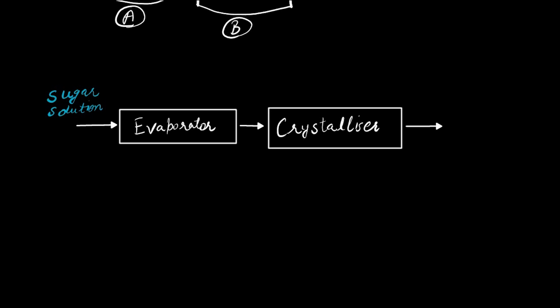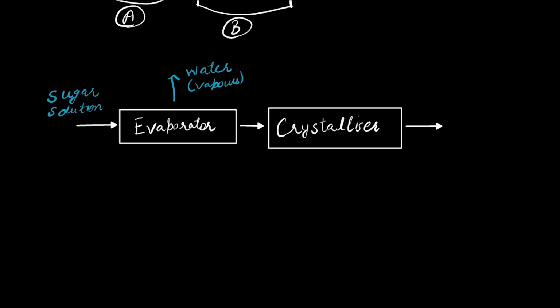So obviously, in an evaporator, the amount of water present in the sugar solution will evaporate with the passage of time. So this is the water, or you can also say these are vapors, which are going out of the evaporator.